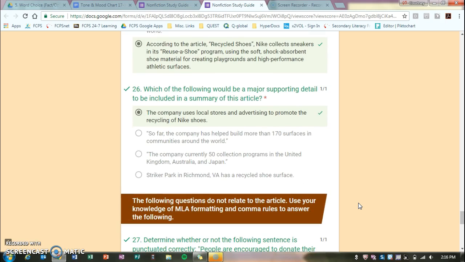And a major supporting detail, the one that you would want to include, is the company uses local stores and advertising to promote the recycling of Nike shoes. You do not want to use quotes in a summary. A summary should be in your own words, so quotes you can eliminate right away. And then Stryker Park in Richmond, Virginia has a recycled shoe surface. This is not a major supporting detail. We could take this fact out of our summary and it would still be exactly the same.